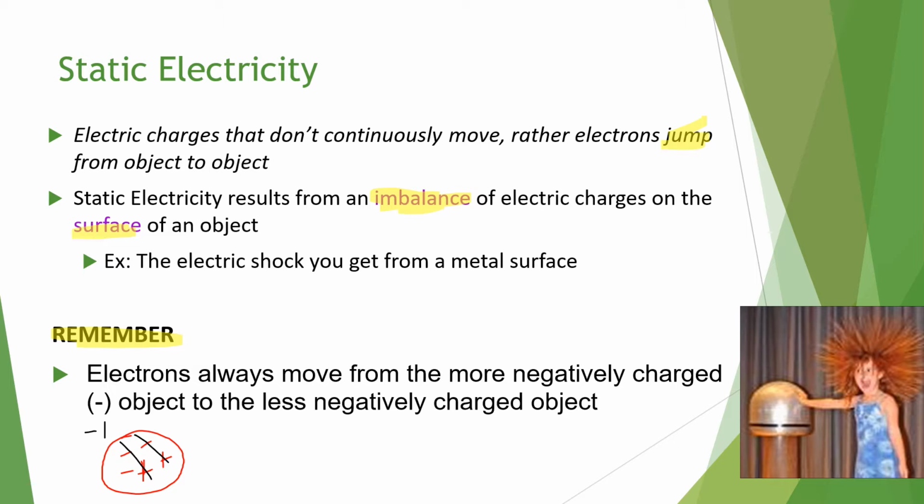And then if we had another object with 3 positives and 2 negatives, we know that that is like a charge of +1. So electrons are always going to move from the more negative object to the less negative object. So this object here would be more negative. So they're going to jump from this object to this object to try to balance out those charges.